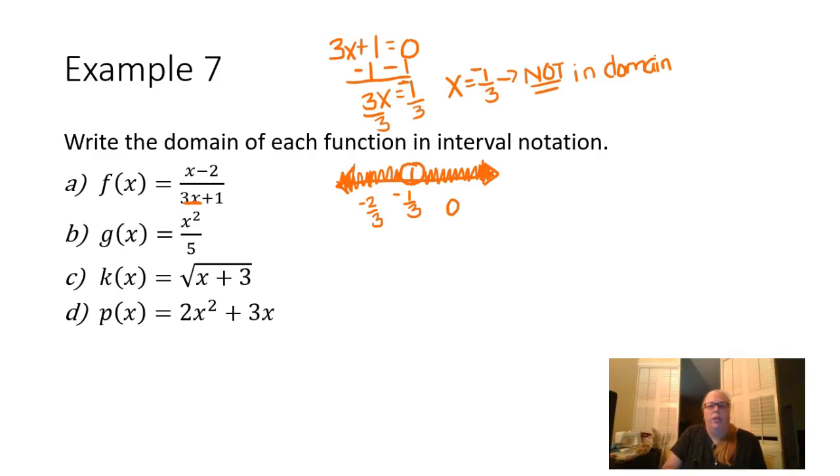And so in interval notation, everything except for negative 1/3 would go from negative infinity to negative 1/3, union, and then it's going to go from negative 1/3 to positive infinity. And be sure you have parentheses around both of these.